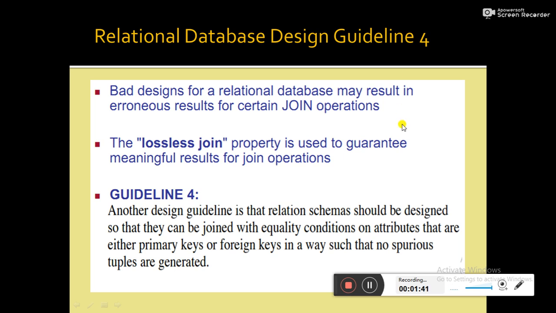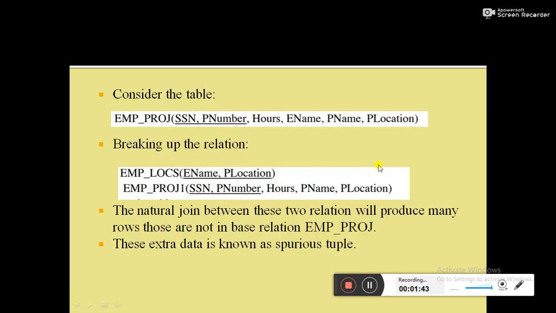For example, go to the next slide. Suppose we have to create a database for storing employee information as well as the corresponding project information to which they are assigned. And suppose someone has designed the database that way. That means the person creates a single relation whose name is EMP_PROJ.